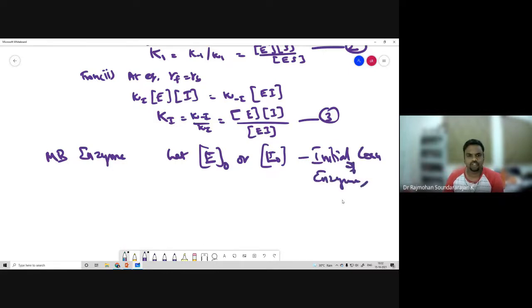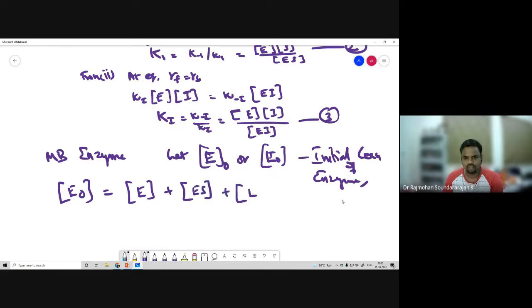If you write the material balance, or conservation of enzyme, because the enzyme is not taking part in the reaction, it only forms the intermediate and becomes a free state again. So the enzyme is conserved. We can write that the enzyme is either present as free enzyme, or as the enzyme-substrate intermediate, or as the enzyme-inhibitor intermediate. These are the 3 forms in which the enzyme is present. Let us call it equation number 4.